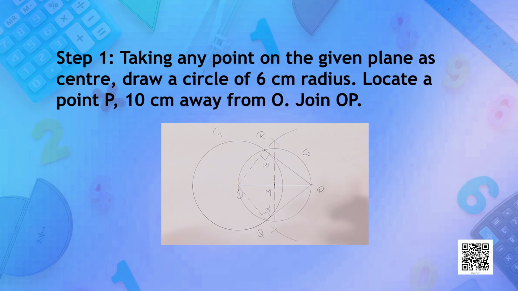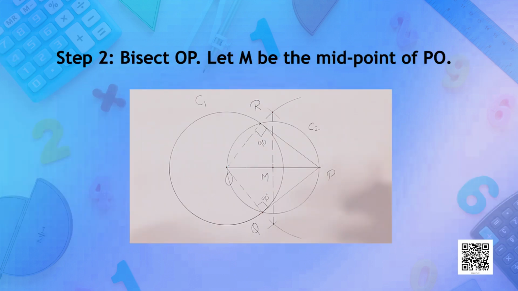First step is, take any point on the given plane as center, draw a circle of 6 centimeter radius. Then locate a point P which is 10 centimeter away from center O. Join OP. Next step is bisect OP. So draw perpendicular bisector of OP. Let M be the midpoint of OP.